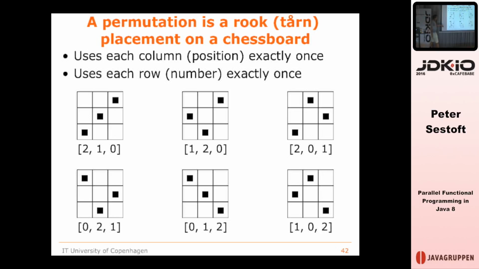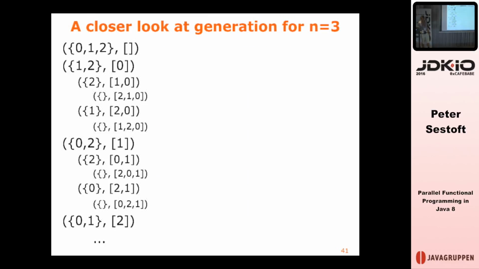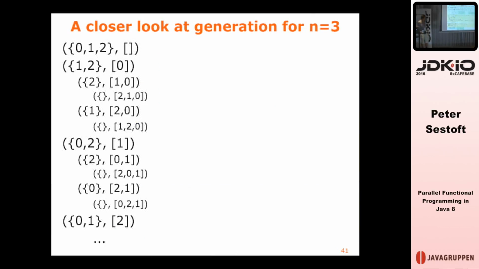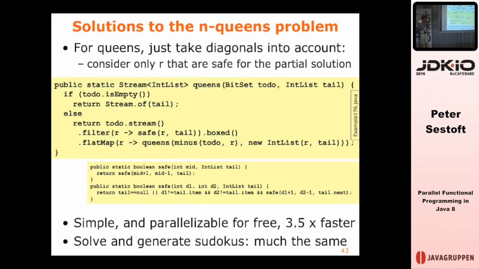So if you want to solve this problem for queens, which can attack on the diagonal in addition to the rows and columns, we simply need to take our program here and insert a filter operation here that throws away all those candidates where it would be unsafe to put a queen in front of the partial solution.